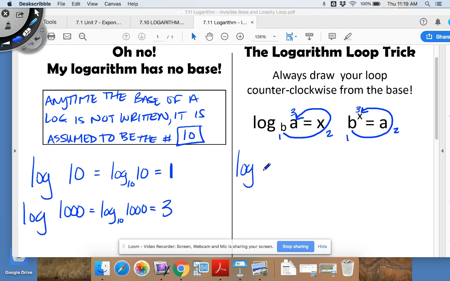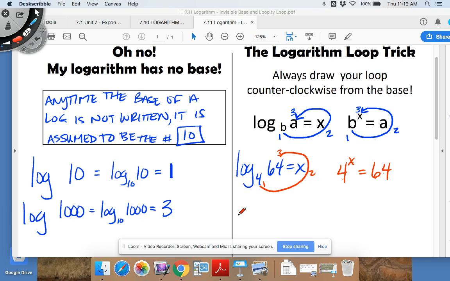So if we had log base 4 of 64 equals x, and we are going to rewrite that as an exponential equation, we would do our loop here to here to here. So we would start with our first number as our base to the power of x equals 64 because it's 1, 2, 3.